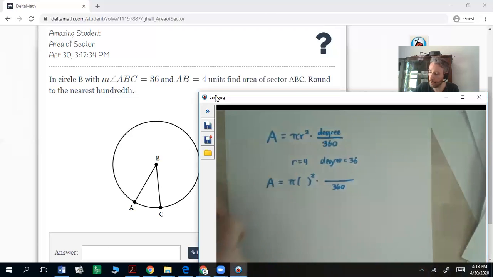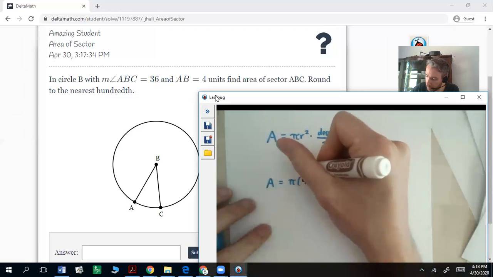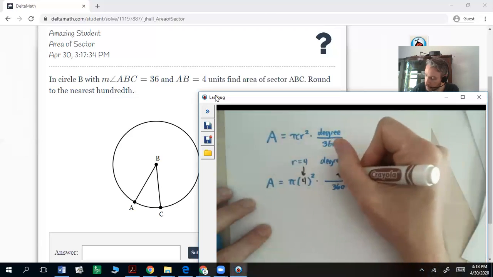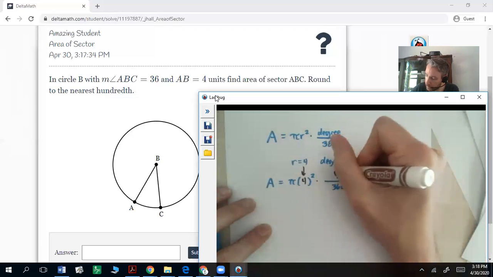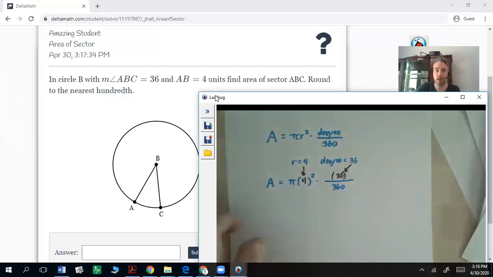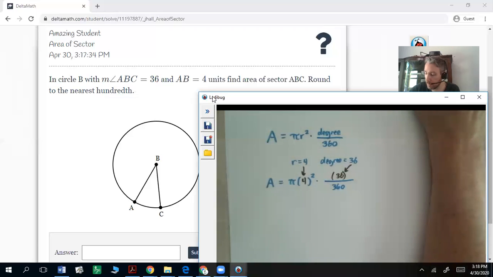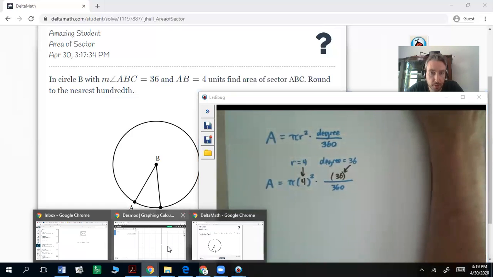So let's do that. Your r is going to be 4. We're going to plug that in there. Your degree is 36. We're going to plug that there. You can put parentheses around it if you'd like. And since this says round to the nearest hundredth, we're going to have to put all that in the calculator and round it. So let's bring up Desmos here.